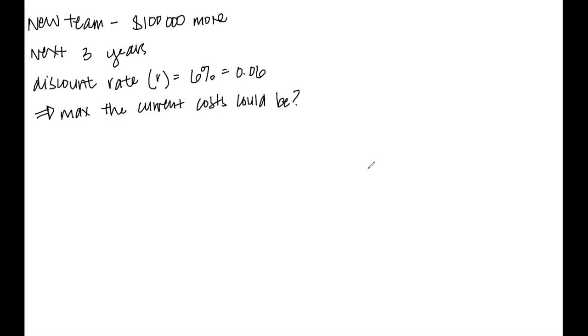So once again, we just have to be able to set up our equation. Net present value is just a summation of the costs and benefits of this investment. We can use our present value equation of PV equals the future value over 1 plus R raised to the T power, and it's a summation of this equation for each period or each year.